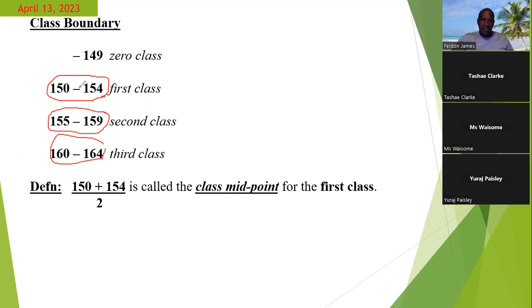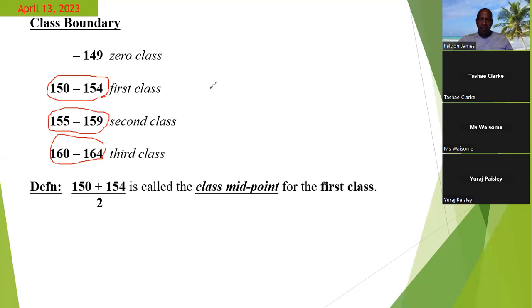So in this case, if you look at the two numbers, they differ by only 1. So if you split the 1 in 2 and share it between both classes, then the boundary value would be 154.5. Because when you split 1 in 2, you get 0.5. You follow what I'm saying?